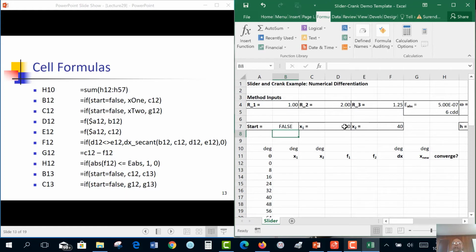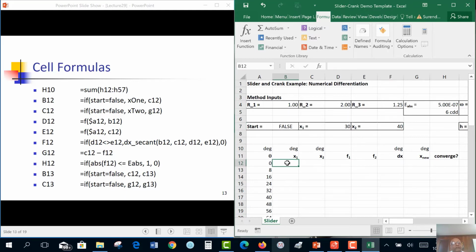And our initial guesses when theta is 0 is x1 is 30, x2 is 40. This is phi guesses, phi values in degrees. Okay, so I'm going to come to H10 in a moment.